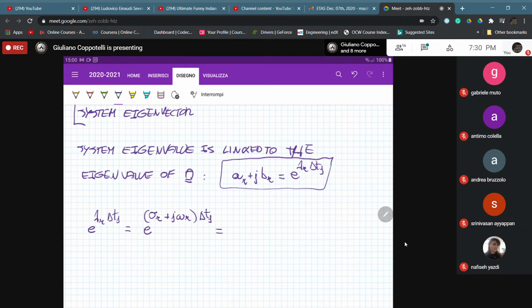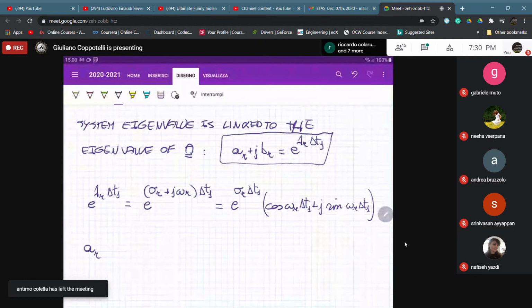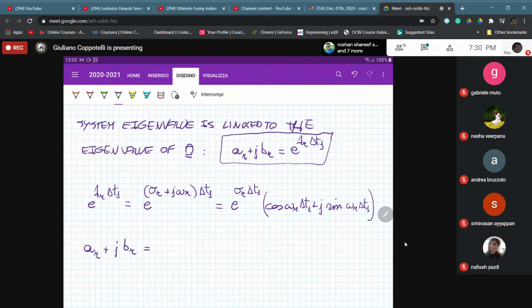That could be rewritten as the real part and the oscillatory part in this way. Okay, we have that your eigenvalue of A, having a real part a r and an imaginary part b r, is related to the system eigenvalue through this equation.